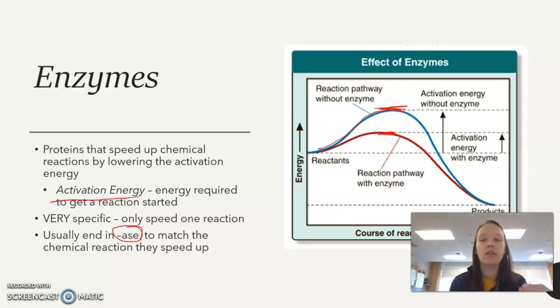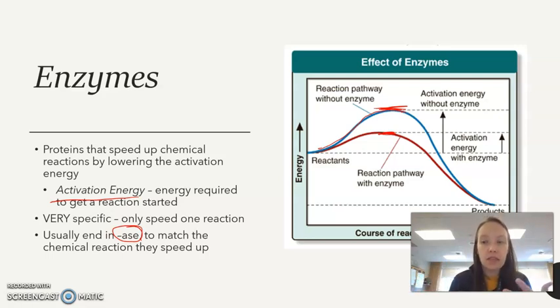With enzymes, they are incredibly specific. One enzyme only has one substrate. I'll tell you what that is, only has one thing that binds to it, only one component that it helps react.